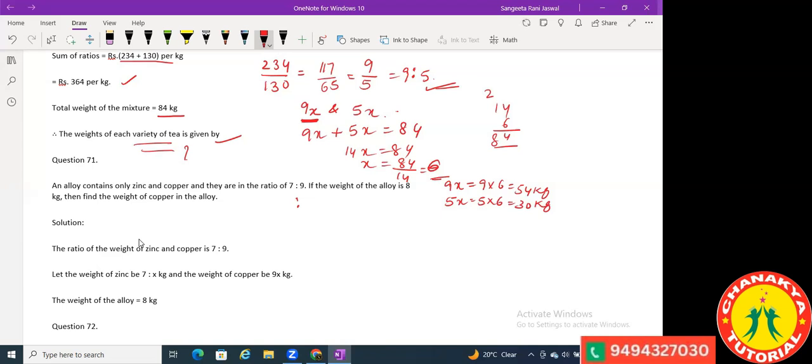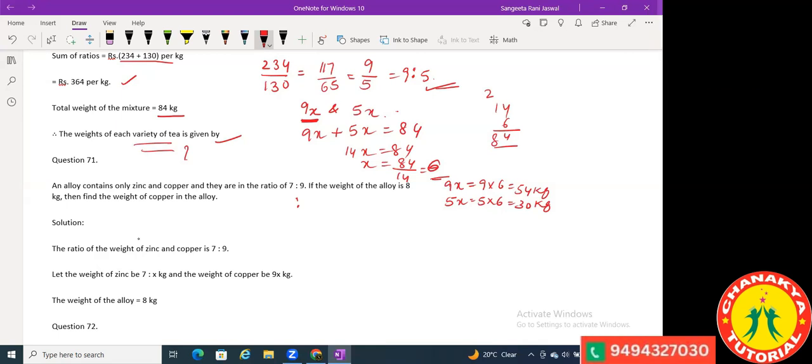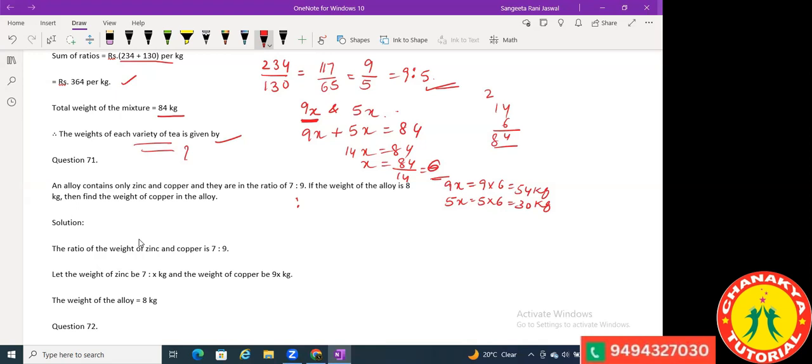Ma'am, we should add the ratios. We should convert 8 kgs into grams. You can convert, but it's not required here. I did, but I am getting the answer in a fractional form. Ashwath, whatever you told just now was absolutely correct. You said first we will take the ratios and add them.